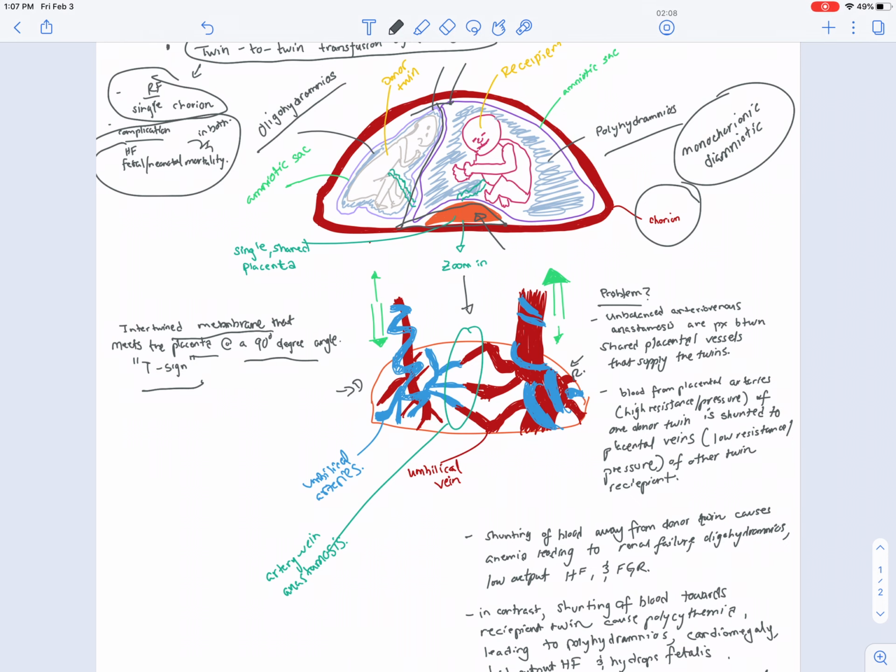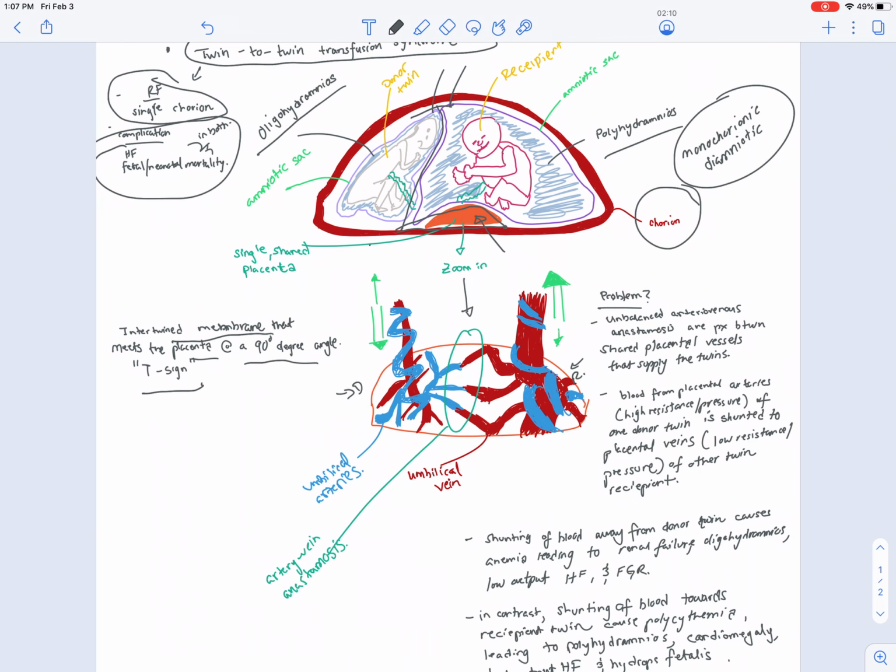So this is the blood vessels for the donor twin, and this is the blood vessels for the recipient twin. What happens is you have an imbalance in the blood flow, and the baby that's the recipient is getting a lot more blood flow through the anastomosis.